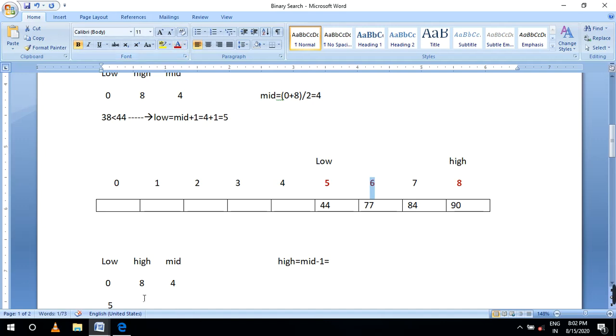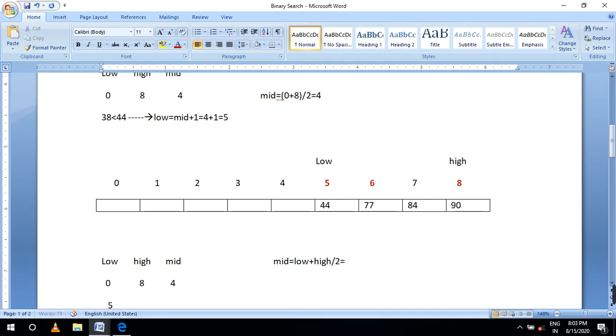Now if you take the low value, how will you calculate the middle value? Middle equal to low plus high divided by 2.